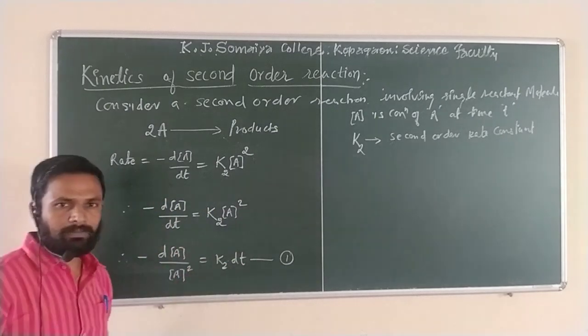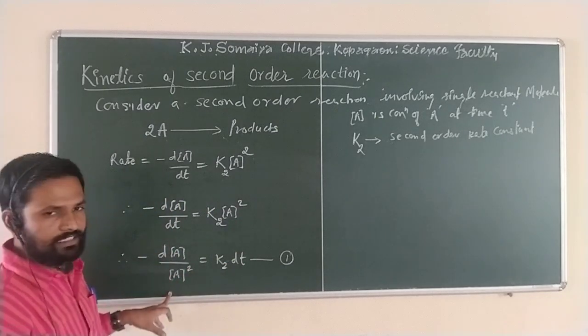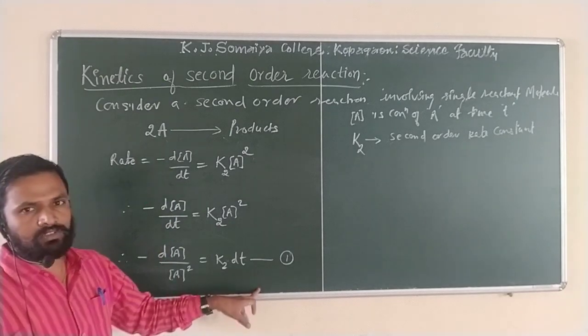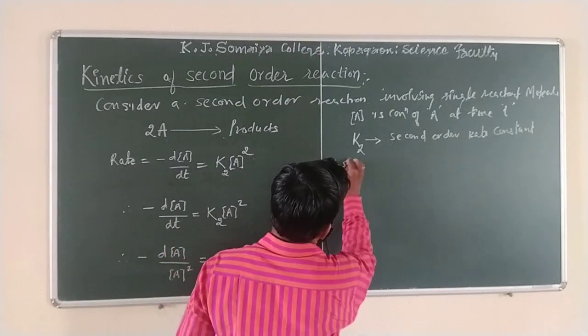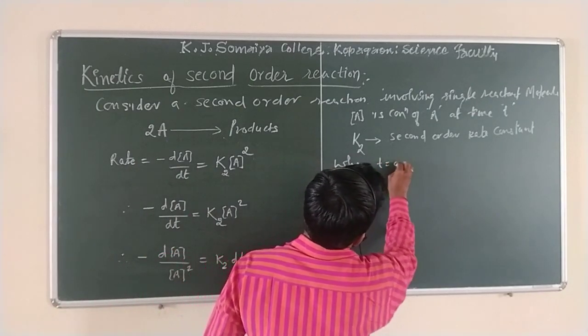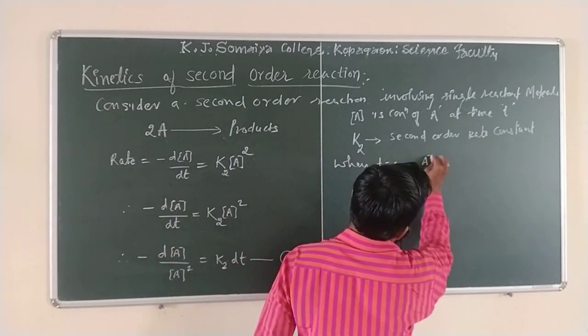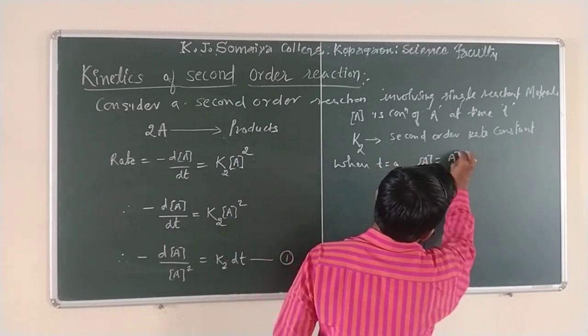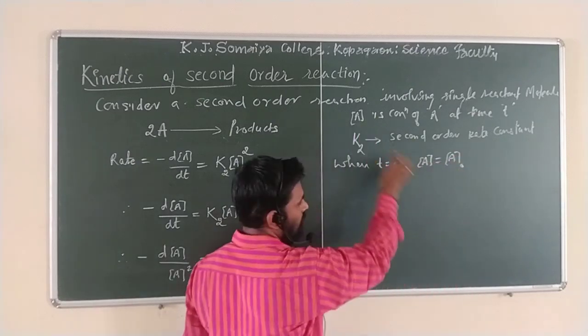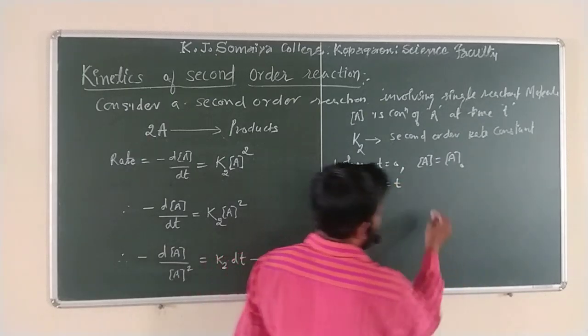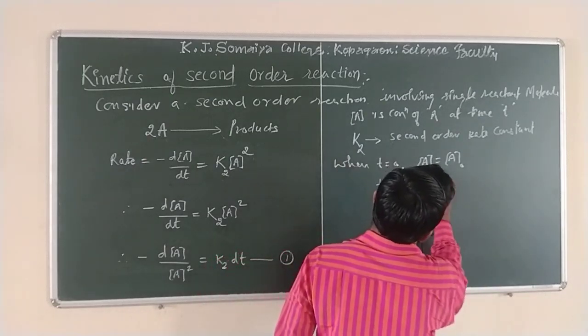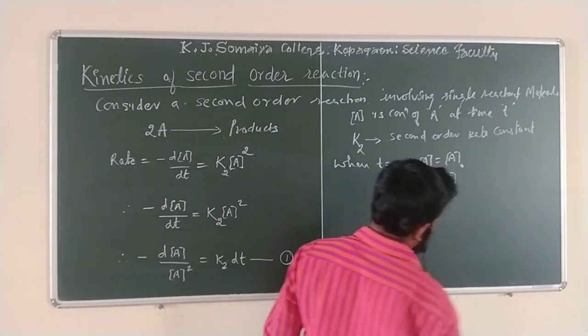Now the mathematical part comes here. Integrate equation number 1 with respect to concentration, within the limits. As we know, when t equal to 0, what will happen? Concentration of A is equal to A0. Initially the concentration will become A0, and when t equal to t, that means at a certain time, the concentration of A becomes A. Now what do we have to do?